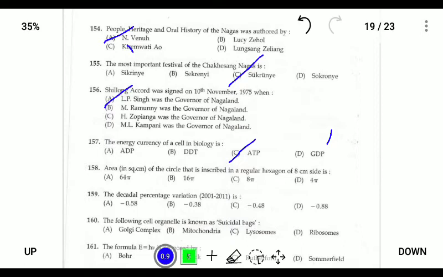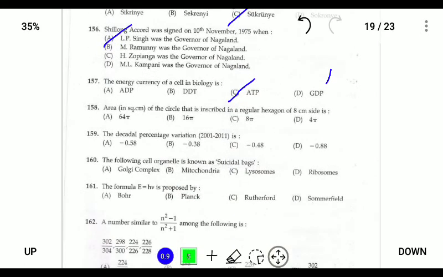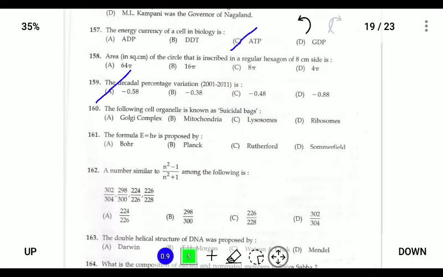Next, 159. The decadal percentage variation is the growth of population in Nagaland. Nagaland is the only state that received a negative growth rate, and it was minus 0.58. The following cell organelle is also known as suicide bags.